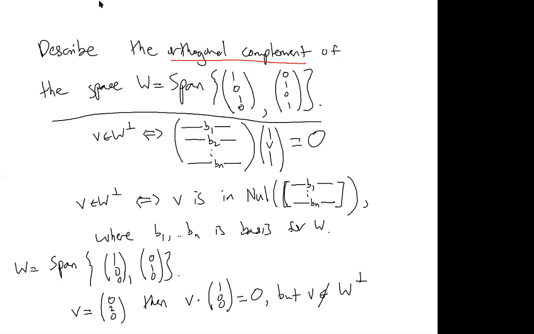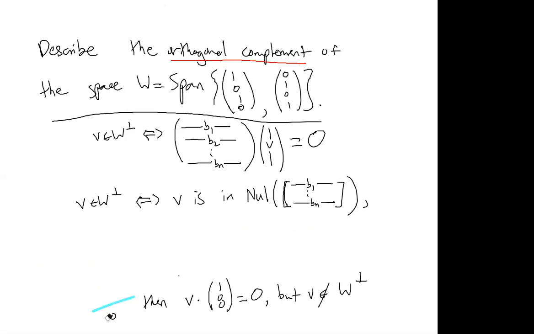So let's just finish this example. To find the orthogonal complement, we're going to find basically the null space of the matrix whose rows are these two.